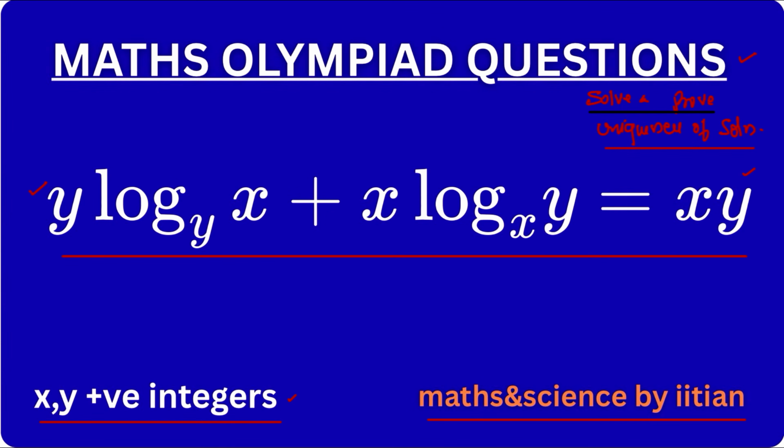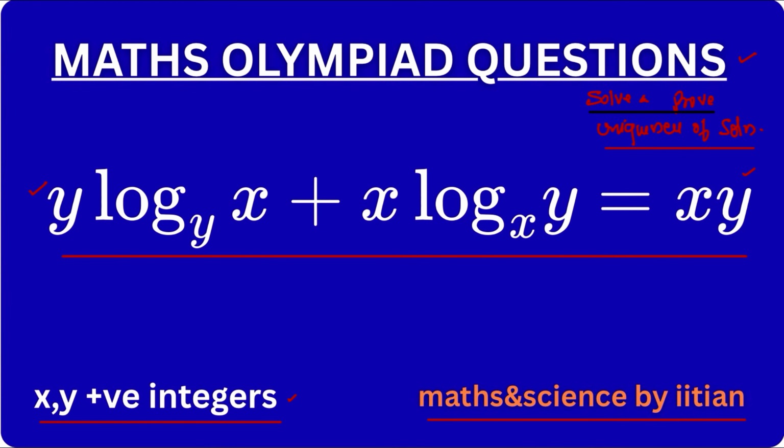These are all Maths Olympiad level examination questions. Please give attention to the concepts. We are going to clear some good concepts in this question and solve it. And to get the uniqueness, please try to understand the uniqueness of the solution is most important.